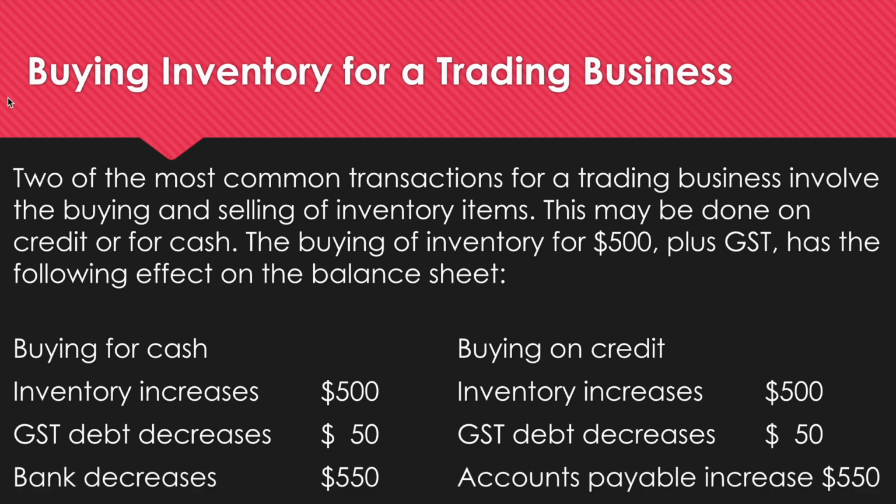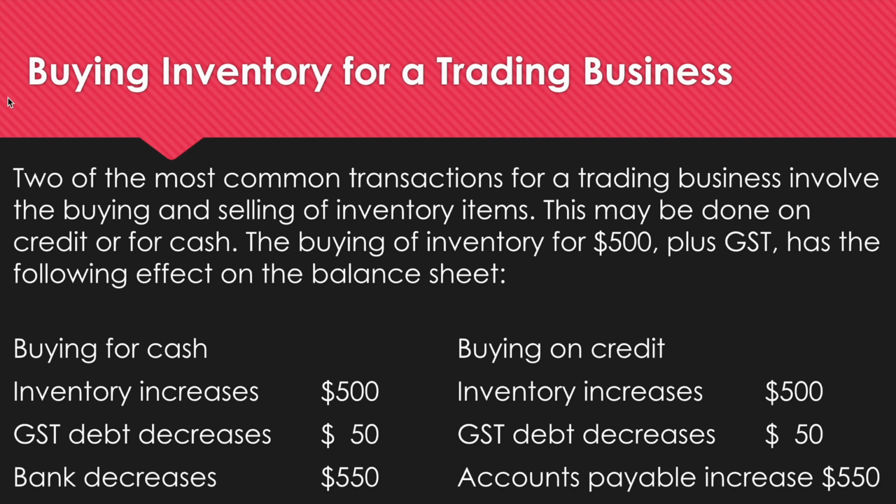But the third effect is that for cash, the bank decreases by 550, but for credit, the accounts payable increases by 550. For credit, you're borrowing money, like a loan. So you'll be in debt, which means you have an accounts payable of 550, which is an increase in a liability because you're owing money to someone else.